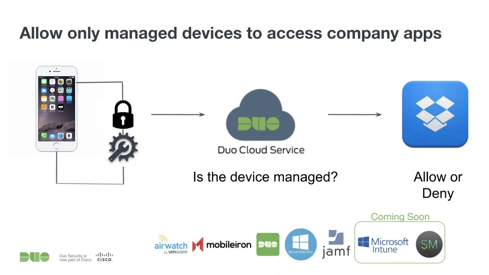And when you do that, you can allow access to certain applications or not to other applications based on management status. So for these applications that are important, high risk, or contain serious corporate resources, we're going to only allow managed devices to access those.